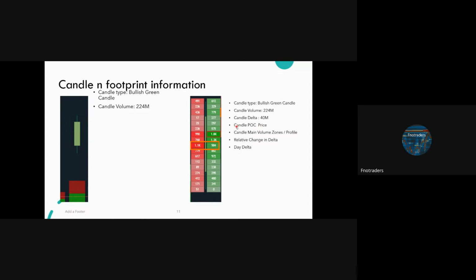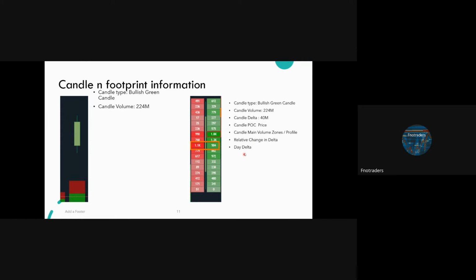You get to know the candle POC, which is basically the most traded volume in the candle. In this case, the maximum volume interacted at this level in this candle. Then, if you take a profile of it, I'll show you in the charts, you get a candle profile where you can see the candle histogram easily. And of course, you see the change in delta from the previous candle versus the current candle.